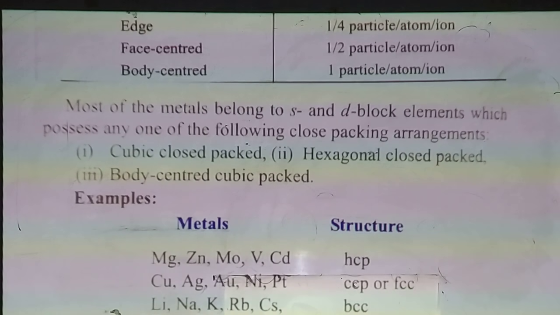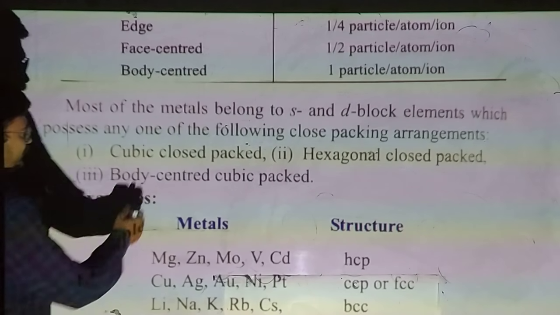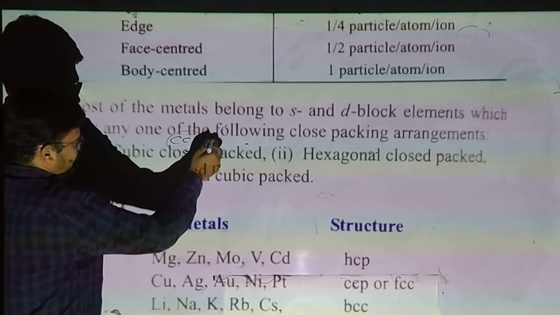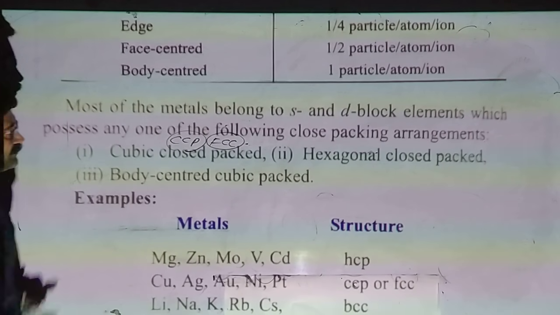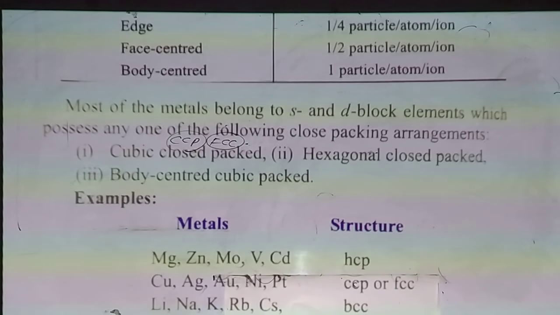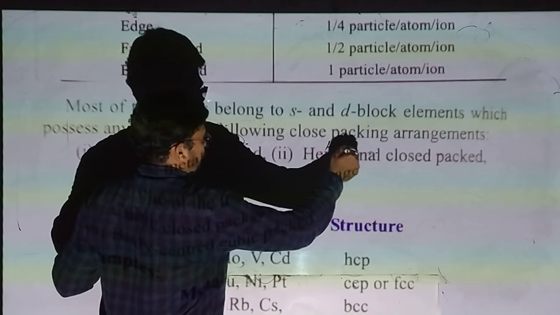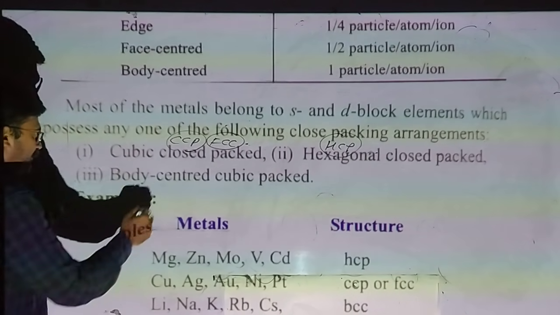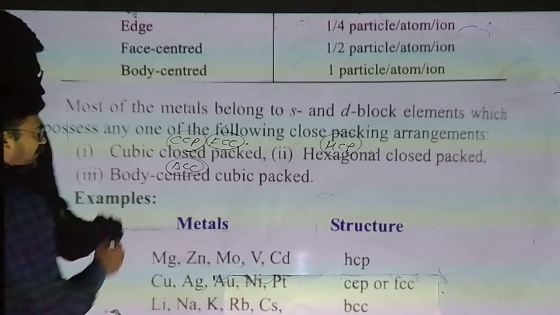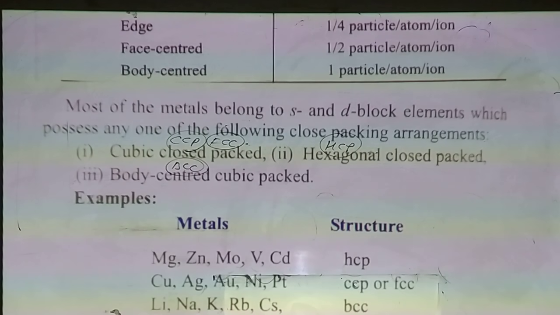S block and D block elements are metallic, and they possess CCP, cubic close pack, meaning FCC, otherwise hexagonal close pack HCP, otherwise BCC, body centered cubic.